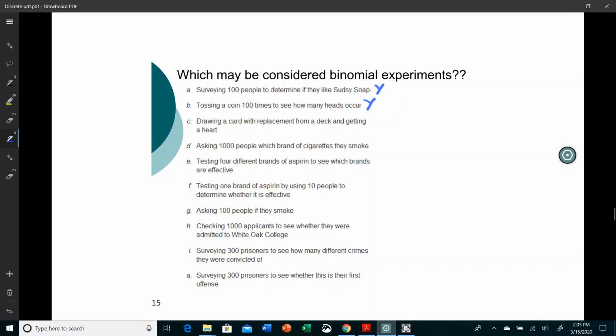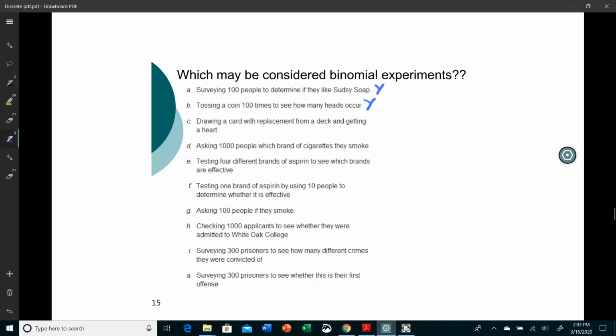Drawing a card with replacement from a deck and getting a heart. Well, you're replacing the card back in the deck, so these would be independent trials. Success would constitute getting a heart. So that's going to be a yes or a no. Fixed number of trials? It doesn't say how many times we are performing this experiment. That's unknown here.